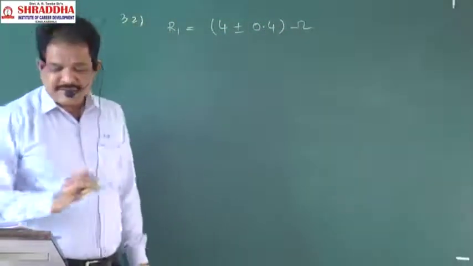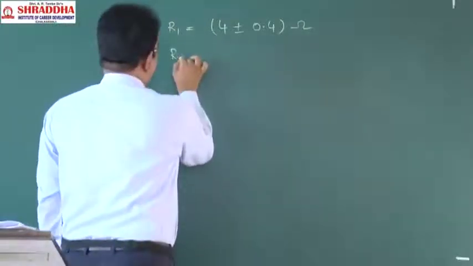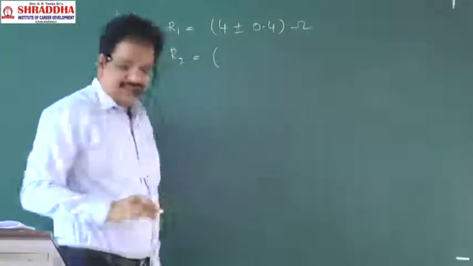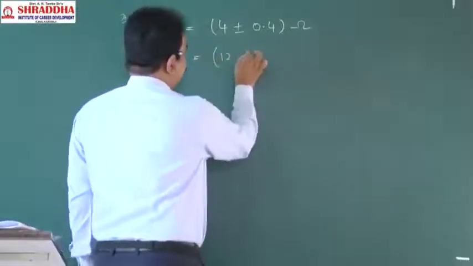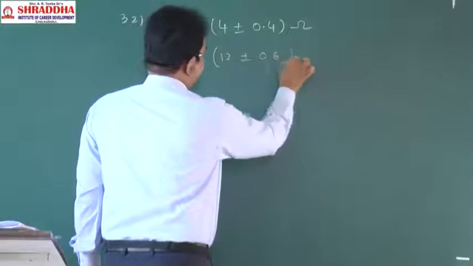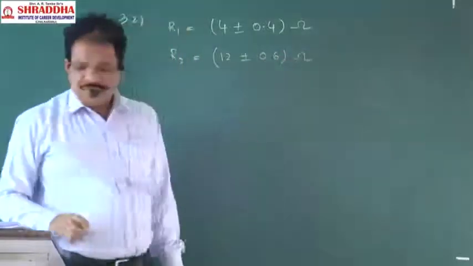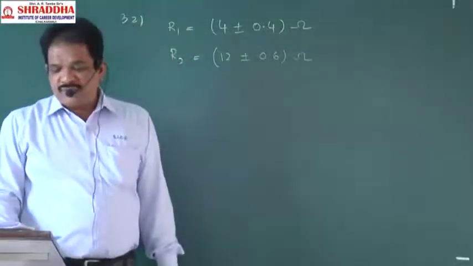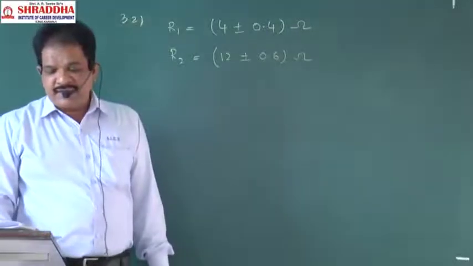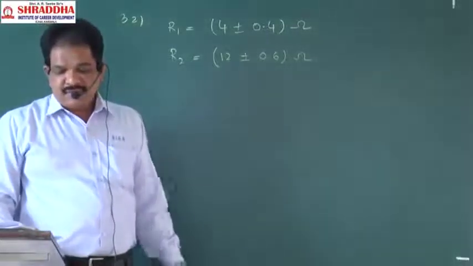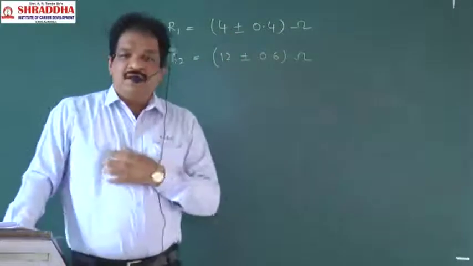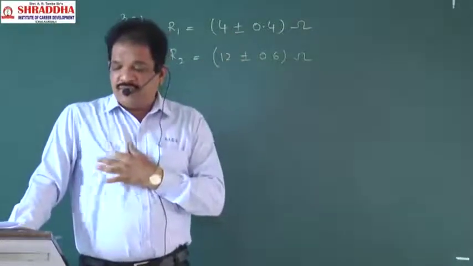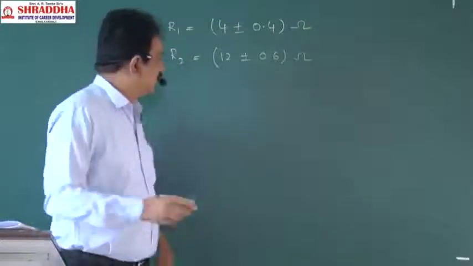Another resistance is there, R2, its resistance value will be 12 plus or minus 0.6 ohm. When these two are connected in series, what is the effective value of resistance? That is the question.